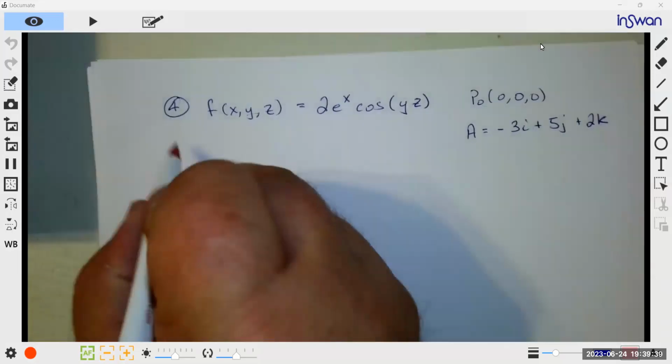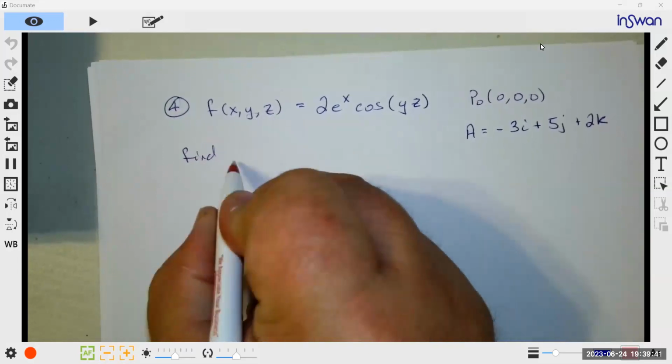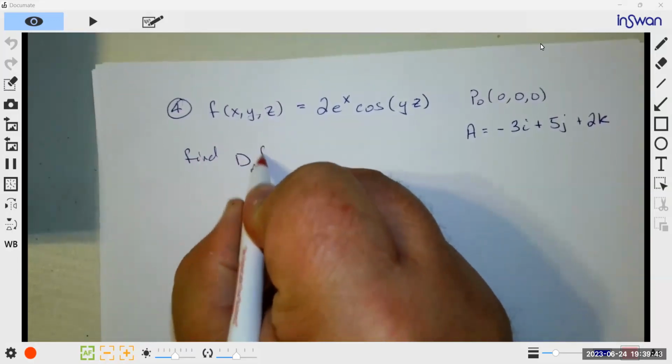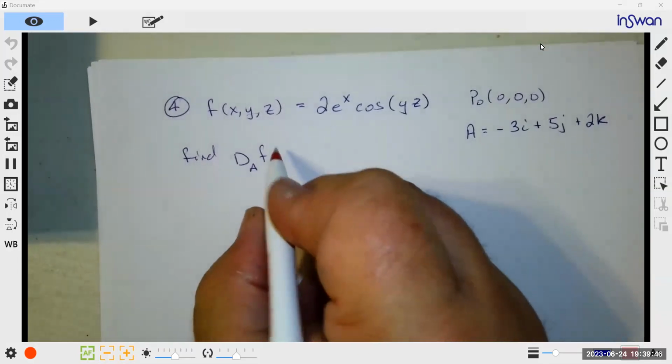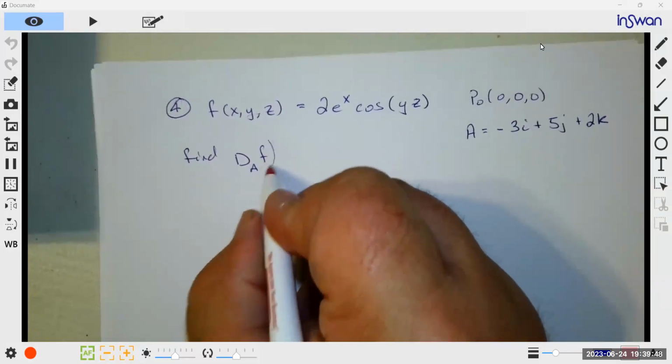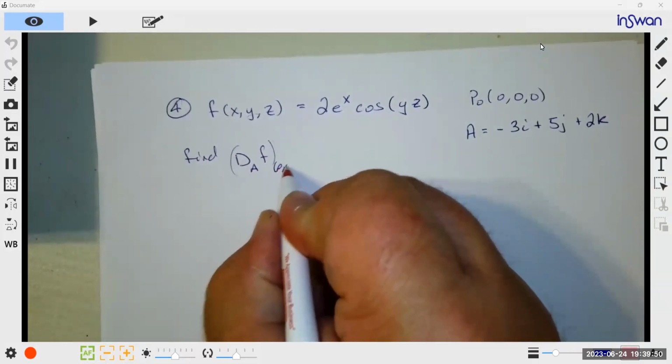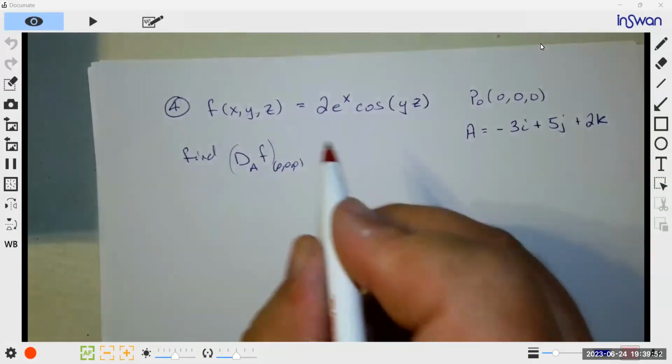So we have to find the derivative of f in the direction of A at the point 0, 0, 0.